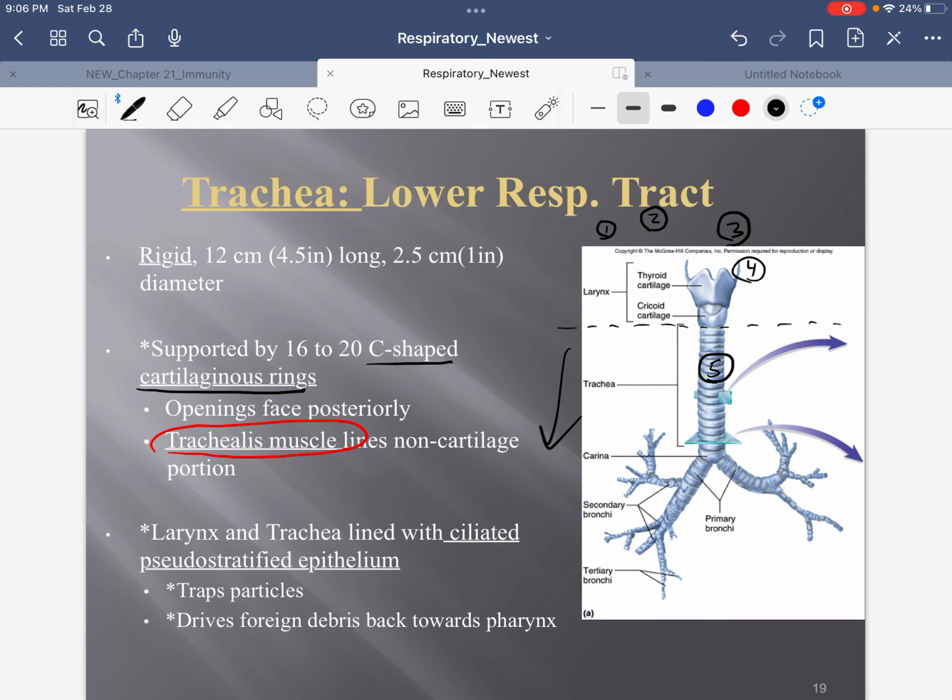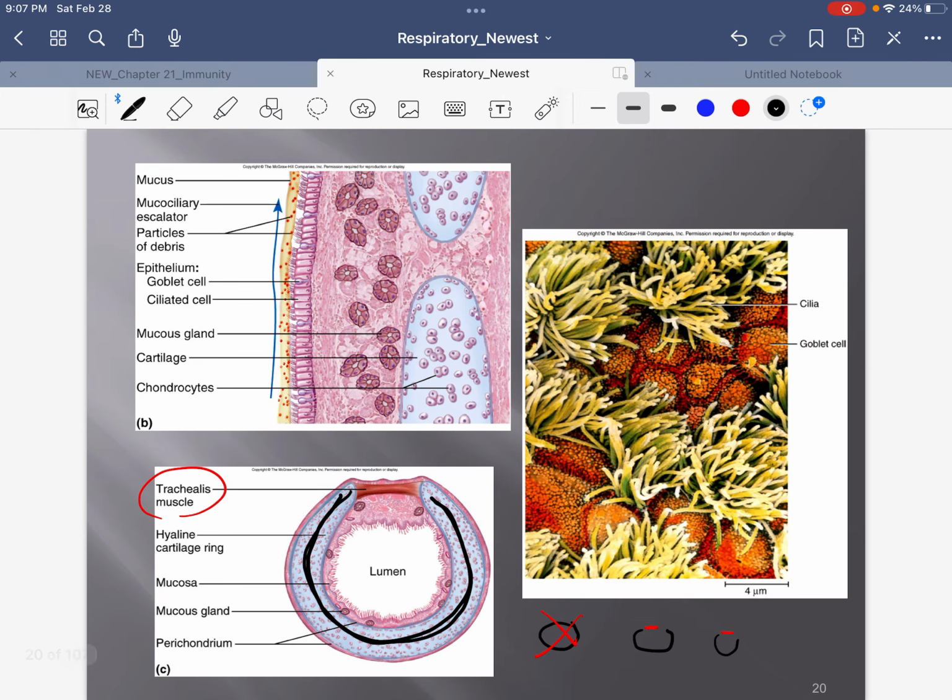We already reviewed that the inside of the trachea has that ciliated pseudostratified epithelium with little hairs that trap particles, because the function of the trachea is just like the function of the nasal cavity and all parts of the pharynx: cleanse, warm, humidify incoming air. Here's an actual look at the inside of your trachea. I know it looks like shag carpeting from the 70s, but up close, that inner lining is pseudostratified columnar with little cilia.